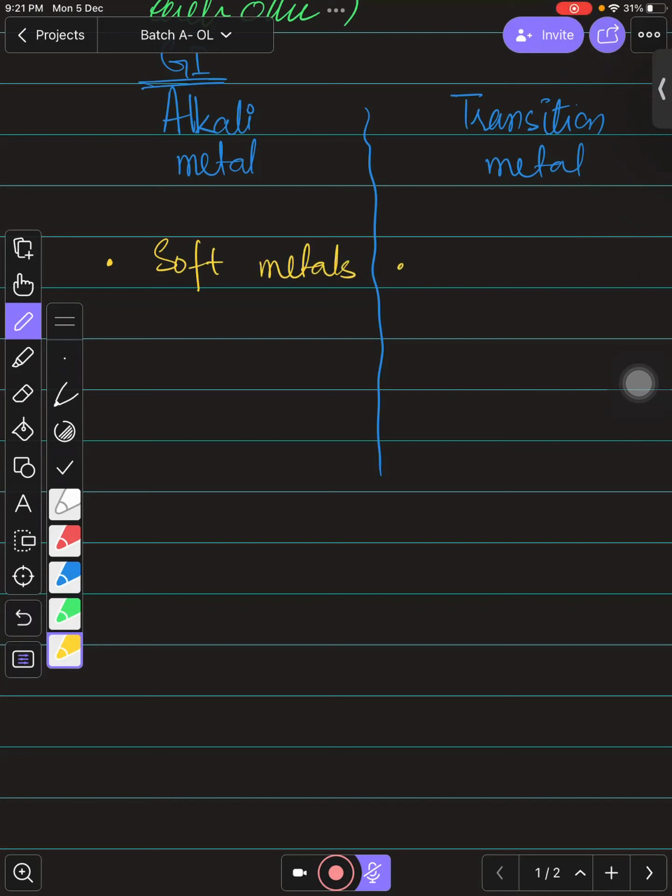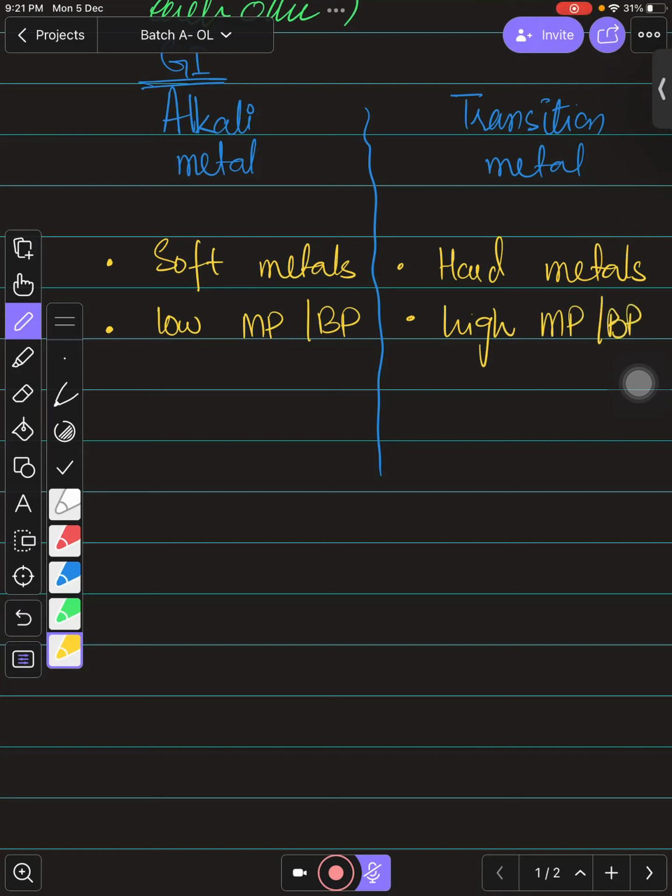And transition metals are hard metals, right? And because they are soft metals, they have low melting and boiling points, and transition metals have high melting and boiling points. And for your reference, sometimes in MCQs, it will be useful for you.